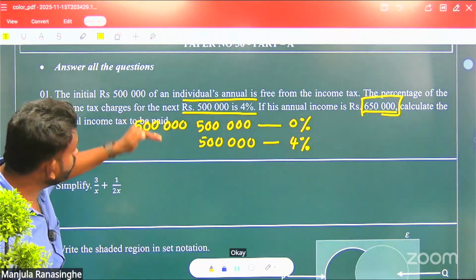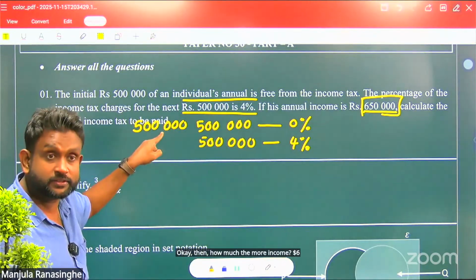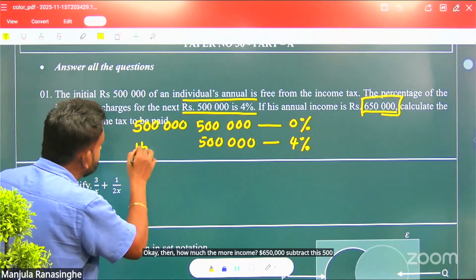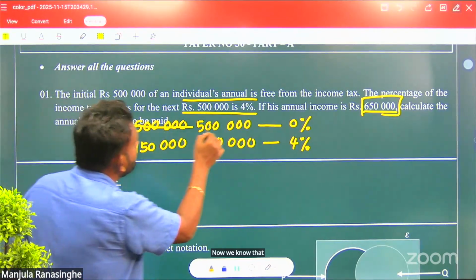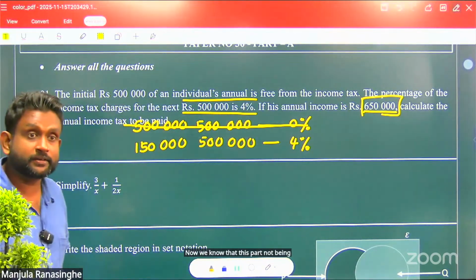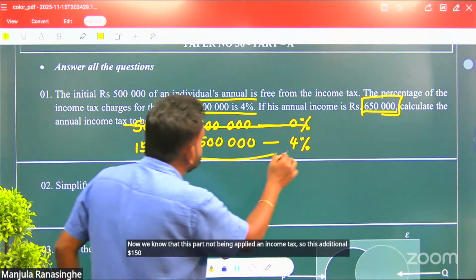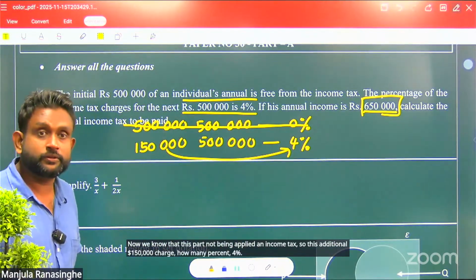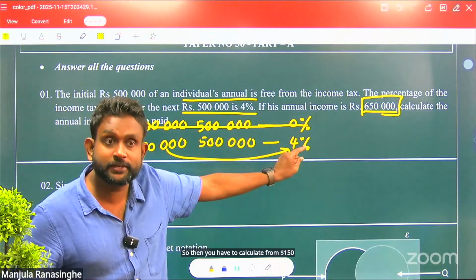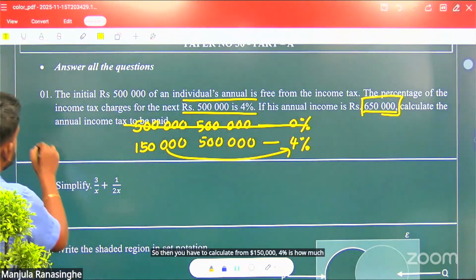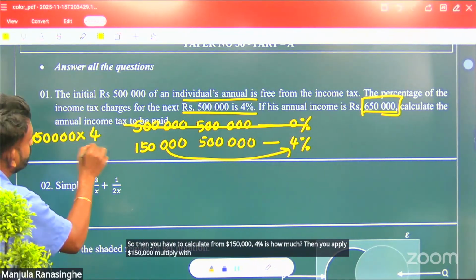Then how much is the extra income? 650,000 minus this 500,000, then 150,000 comes to this range. Now we know this part is not charged an income tax, so this additional 150,000 is charged how many percent? 4%. So you have to calculate 4% of 150,000. You multiply 150,000 by 4 upon 100.